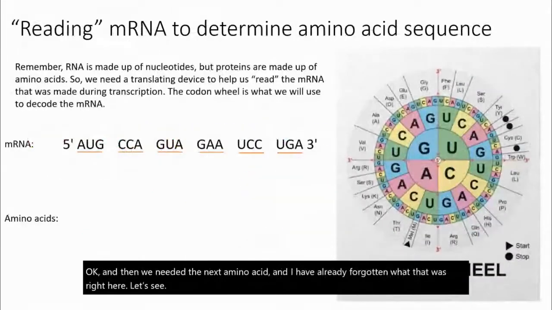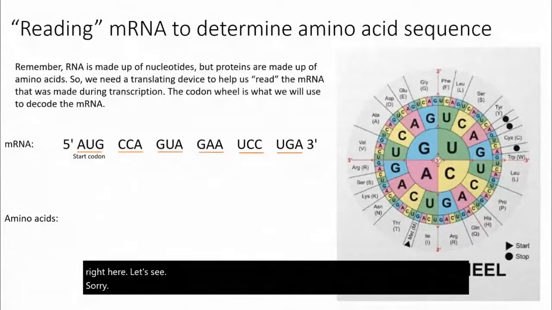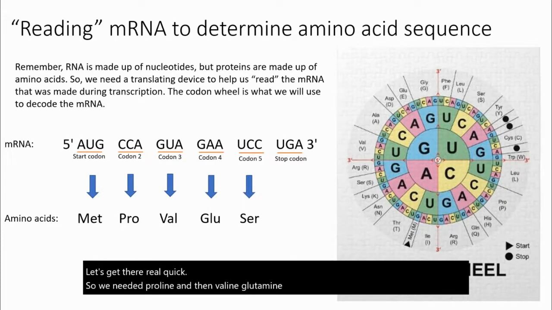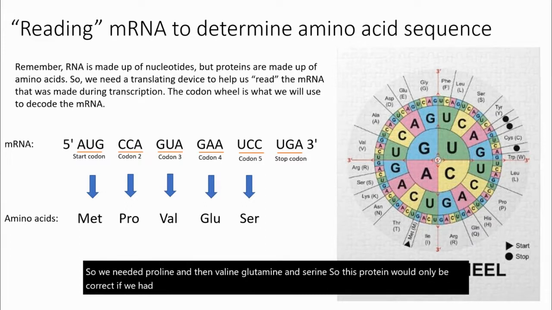Oops, sorry, y'all. Let's go through it real quick. Okay, so we needed proline, and then valine, glutamine, and serine. So this protein would only be correct if we had methionine first, proline second, valine third. Okay, so we have to have that specific sequence.